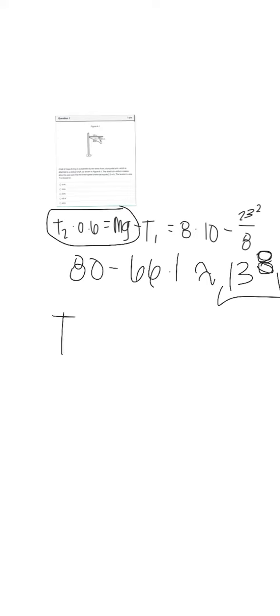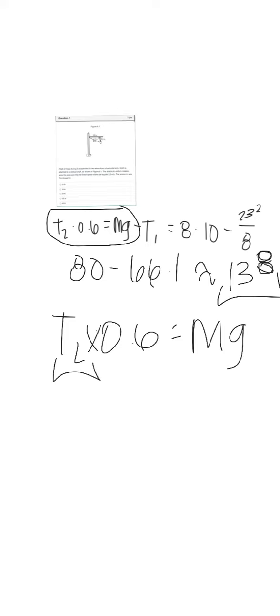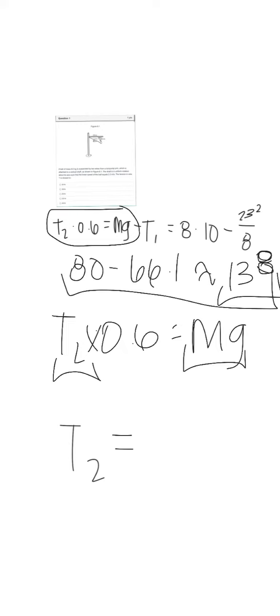So we know that T2 times 0.6 is equal to mg. So we can transform this, and since we're trying to find T2, then we can say that T2 is equal to mg, which we know from here is 13 to the 8th divided by 0.6.